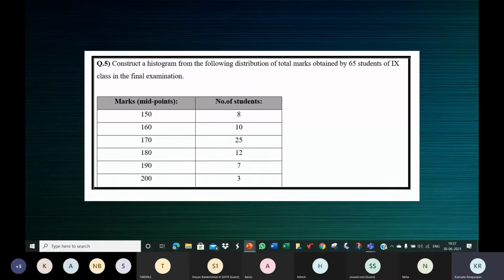We have the midpoint of the class intervals. How do we find the class intervals? Ma'am, A plus 150 plus 65 divided by 2, ma'am. Okay. Divide by 2 is equal to the. So what are you getting?